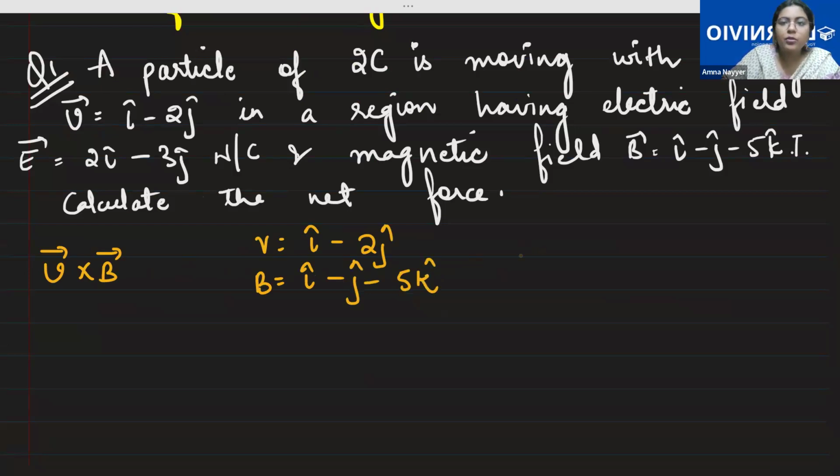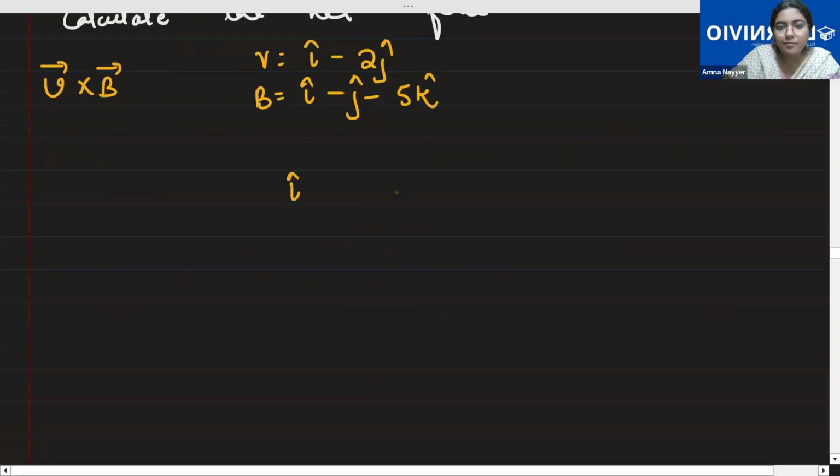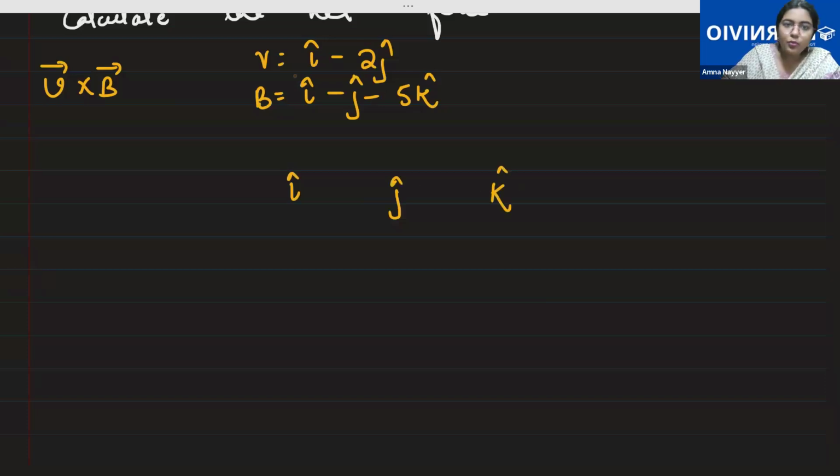Now we write i cap, j cap, k cap. First velocity: this is 1, j cap's coefficient is minus 2, there is no k cap so it is 0. Magnetic field: this is 1, j cap is minus 1, k cap is minus 5.